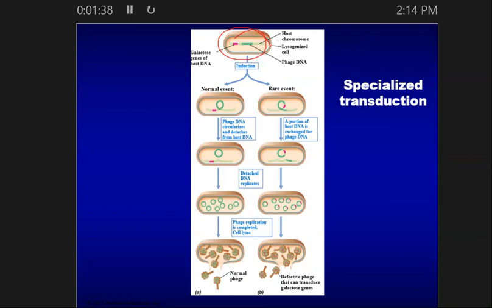Then under normal conditions, that viral DNA eventually will get cut out of the host, and then that virus becomes active. It's usually a clean cut, where it's just the viral DNA that comes out.